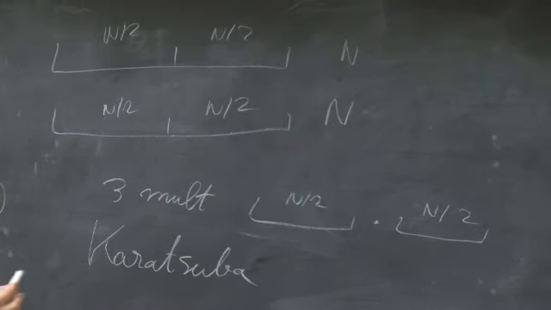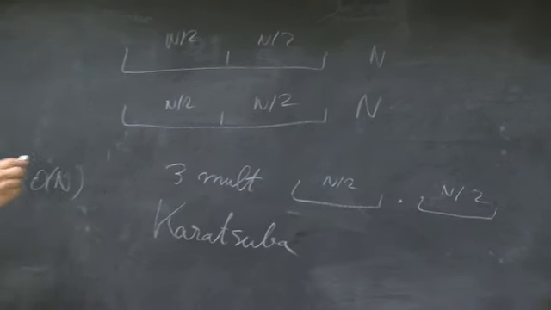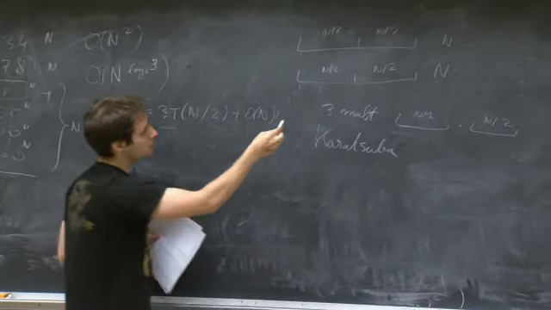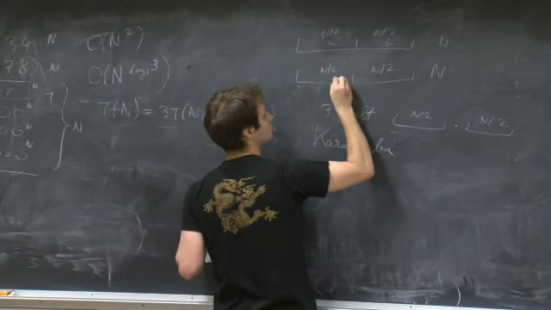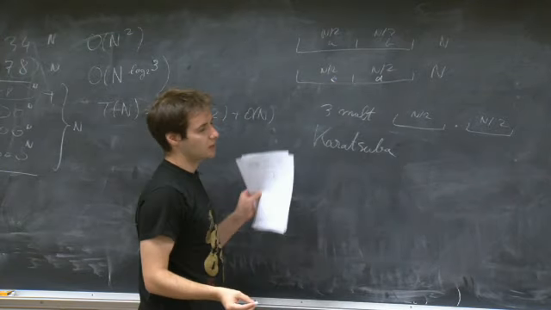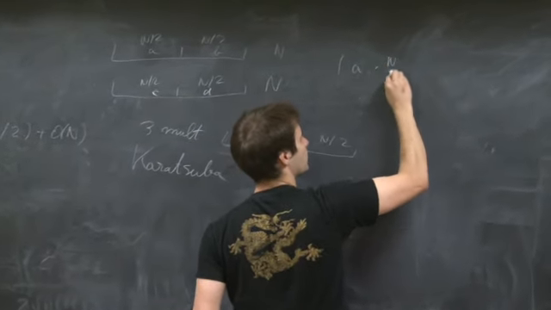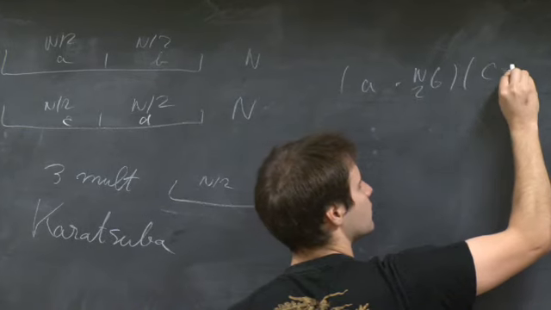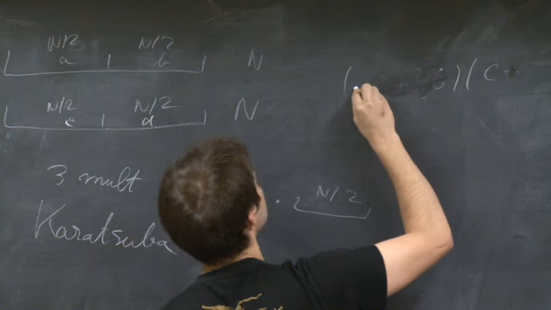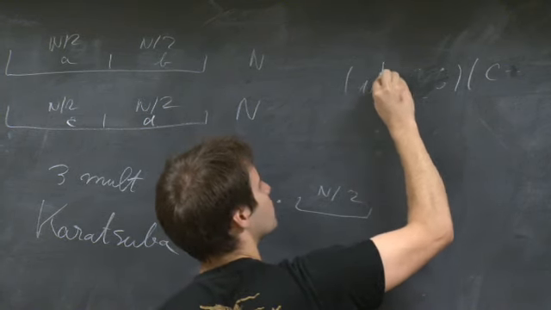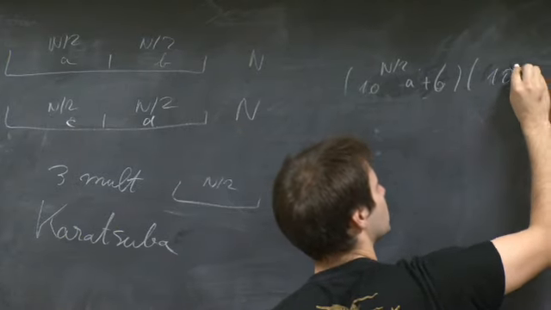So the multiplications are in the notes. I don't think it makes sense to spend time on them and convince you that there are 3 multiplications that get you that. Instead, suppose I label these as A, B, C, D. If I evaluate the multiplication using brute force, it's 10 to the power n over 2 times a plus b, times 10 to the n over 2 times c plus d, assuming the base is 10.